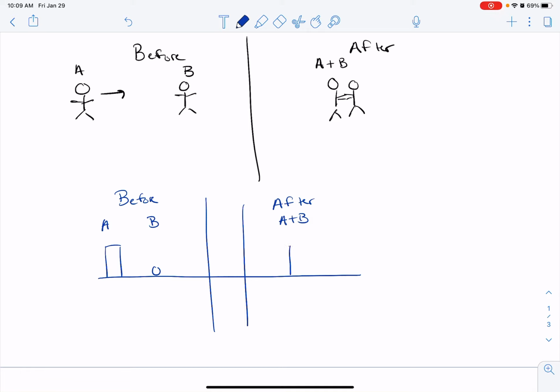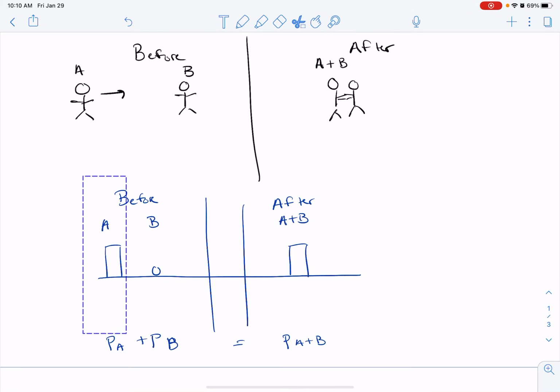Then after, A plus B together is going to have some amount of momentum. So this is our bar chart. We need to find the momentum of A plus the momentum of B, and that should be equal to the momentum of A plus B. This is what we're going to use to guide us here.